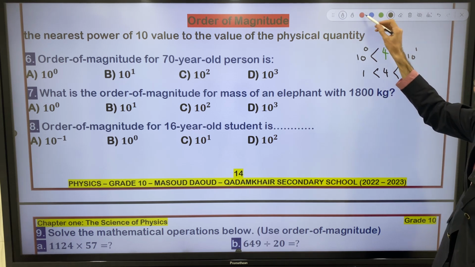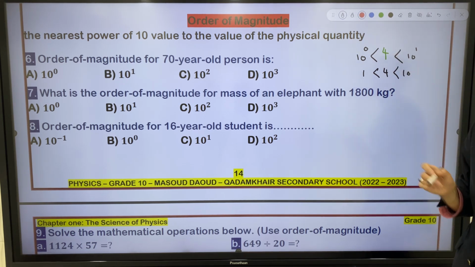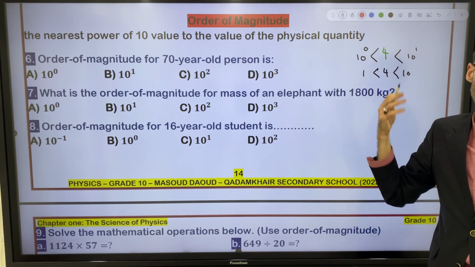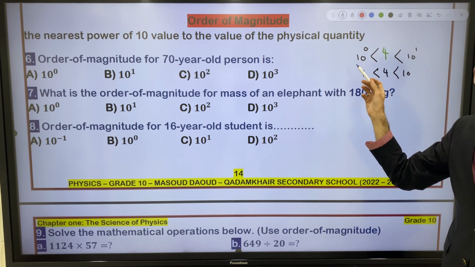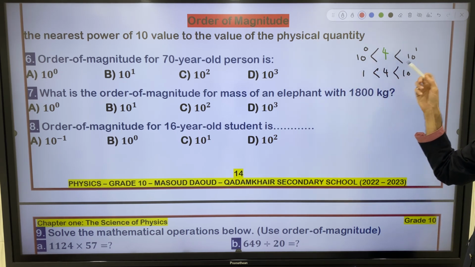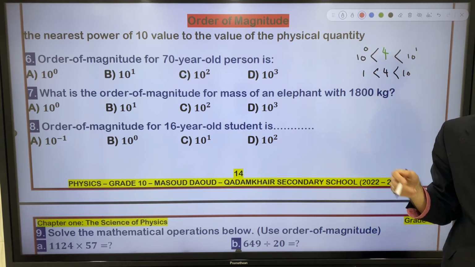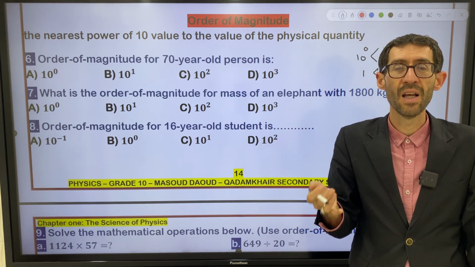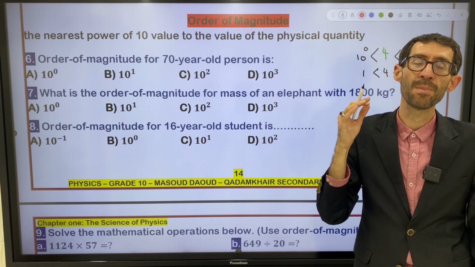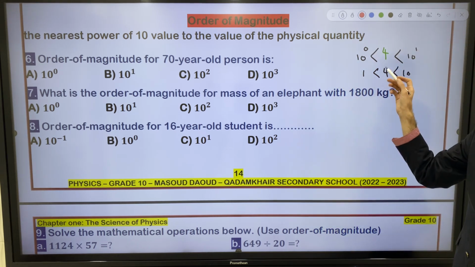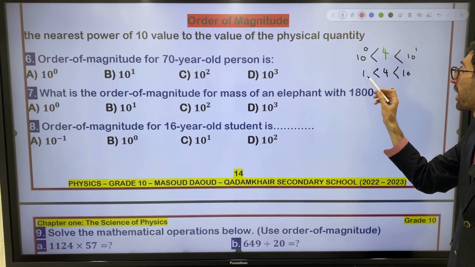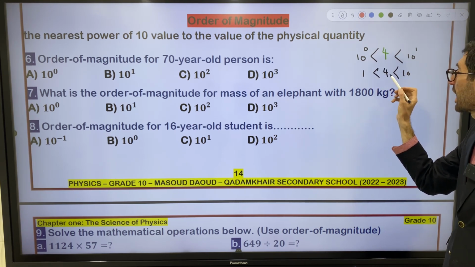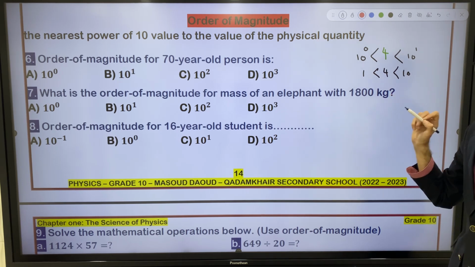But what's the order of magnitude for 4, which power is taken? Maybe you say, teacher, I use 10 to the power 0. Other students say, teacher, I use 10 to the power 1. So which one is correct? Think about the nearest power of 10 to the numerical value. 10 to the power 0 means 1. Is 1 closest to 4 or 10?